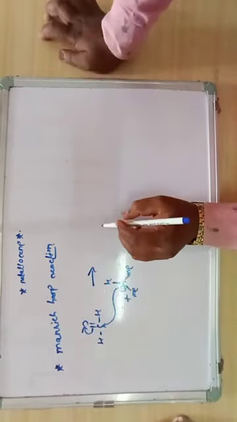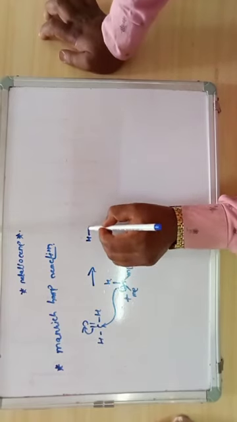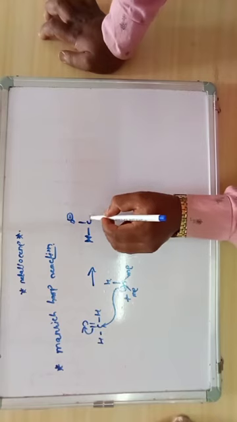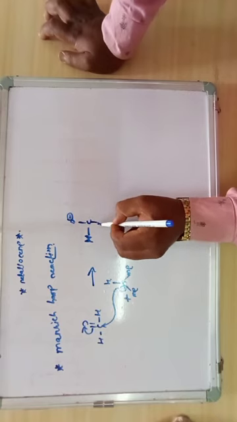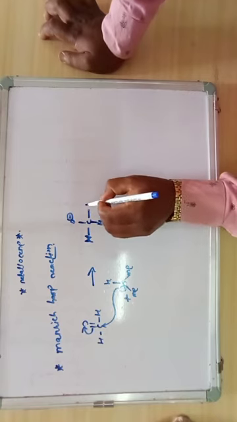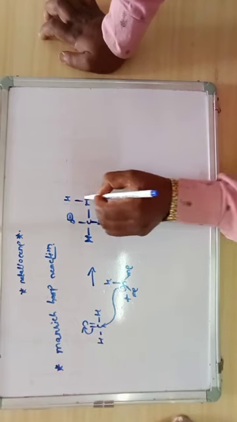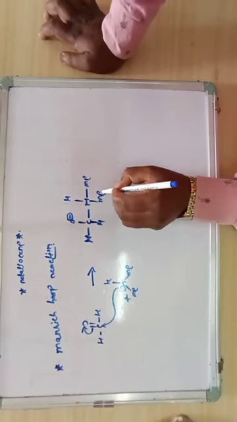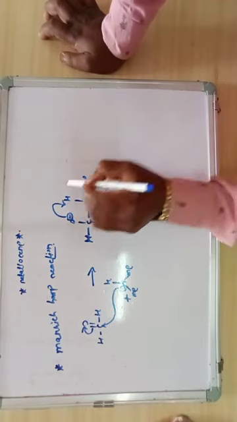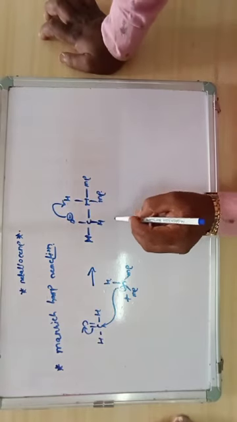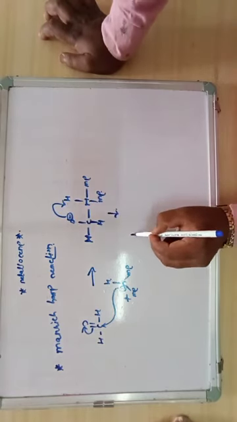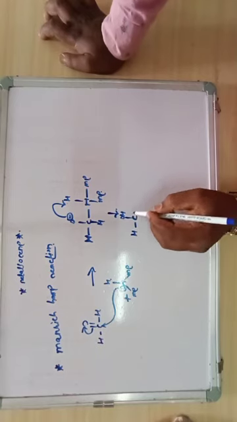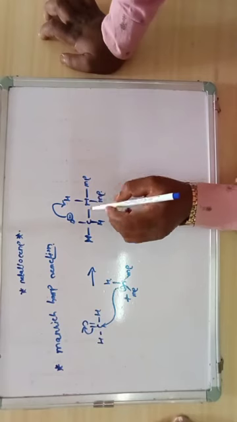Then this O minus will abstract the proton from the nitrogen, so the nitrogen has a positive charge.